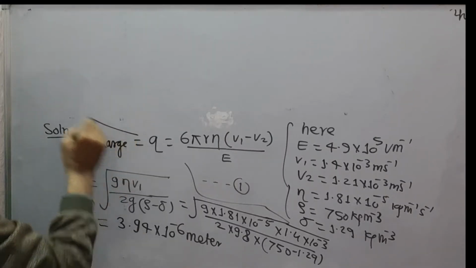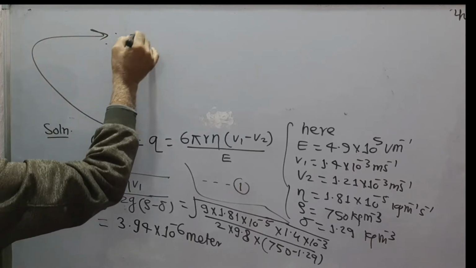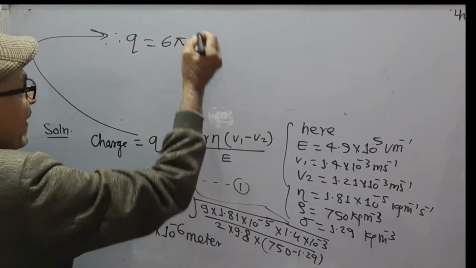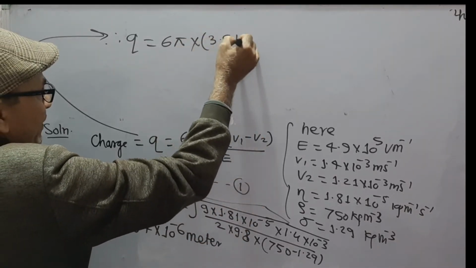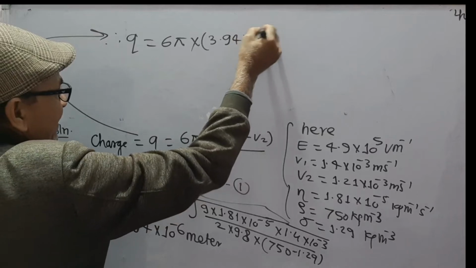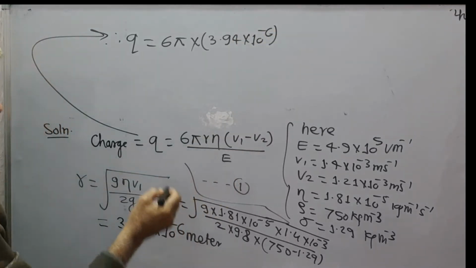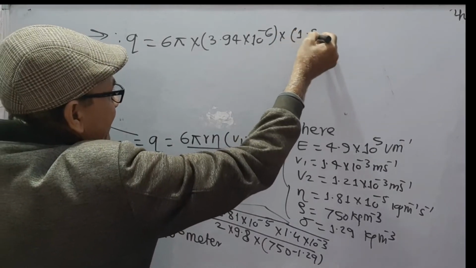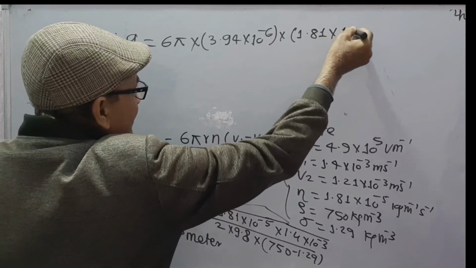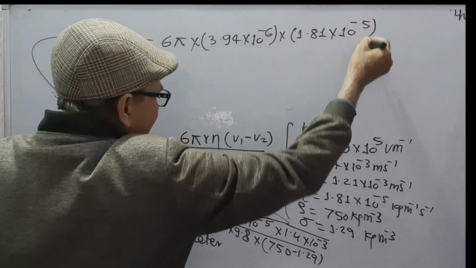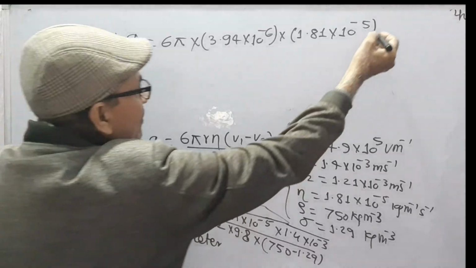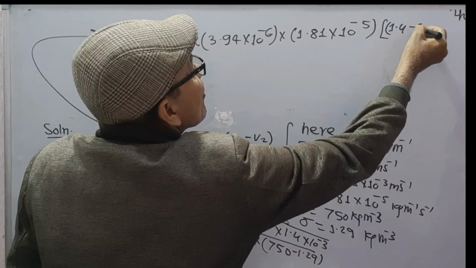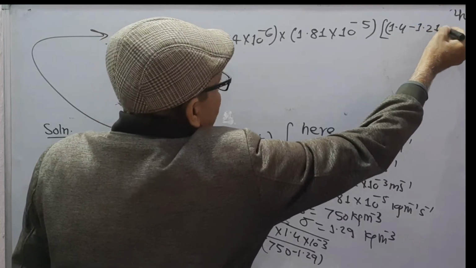Therefore equation 1 gives q = 6 pi R eta (V1 - V2) / E, that is 6 pi times 3.94 x 10^-6 times eta, 1.81 x 10^-5, times (V1 - V2), 1.4 minus 1.21.